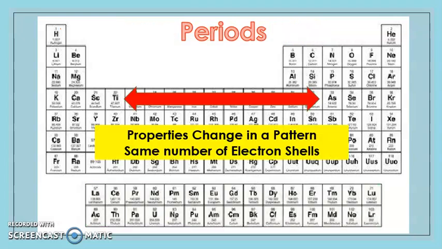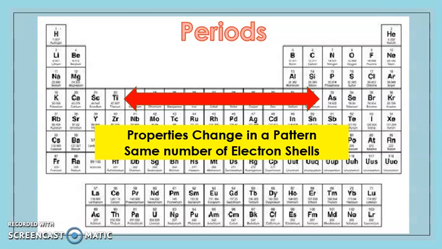Now, more than that, the structure of the periodic table, we need to discuss that as well. We can discuss the rows on the periodic table, but instead of saying rows, we tend to say periods. Now, periodic means repeating in a pattern, and the properties within a row tend to change in a pattern.